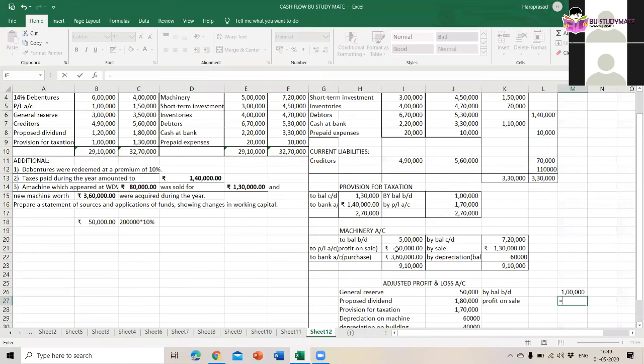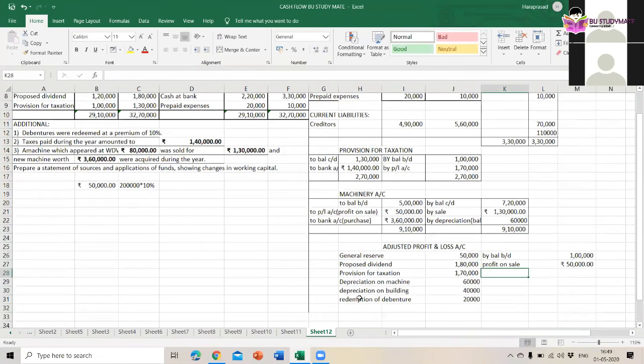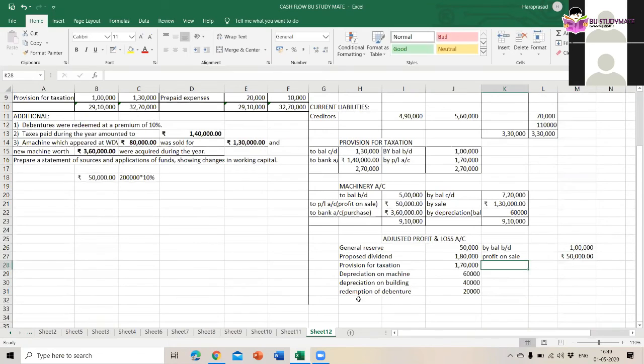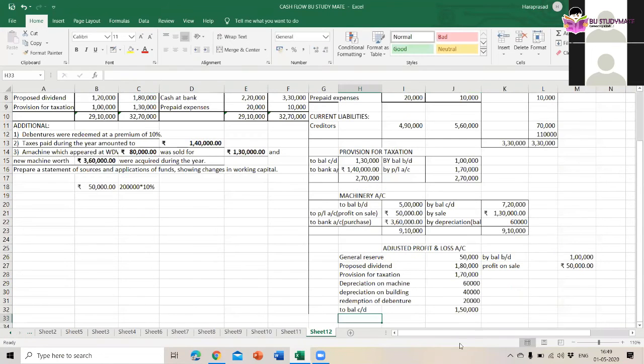Then here on the left hand side, we need to write down to balance carried down. How much? 1,50,000 rupees. When you add this, we'll get 6,70,000 rupees. Here also we should get 6,70,000 rupees.